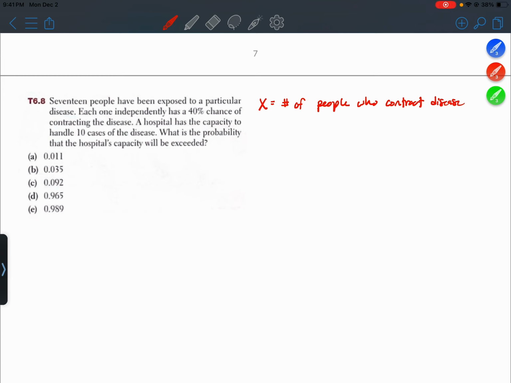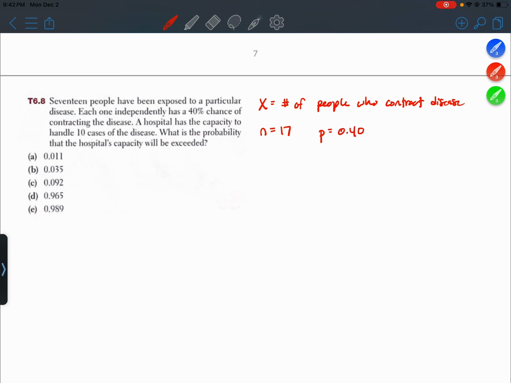Now, a couple things we know. 17 people are exposed, so we can think of that as the number of trials. Each person independently has a 40% chance of contracting the disease. So the probability of success, and I know it sounds kind of grim to talk about success as contracting a disease, but in this context, that's what it is. The probability of success is 40%.